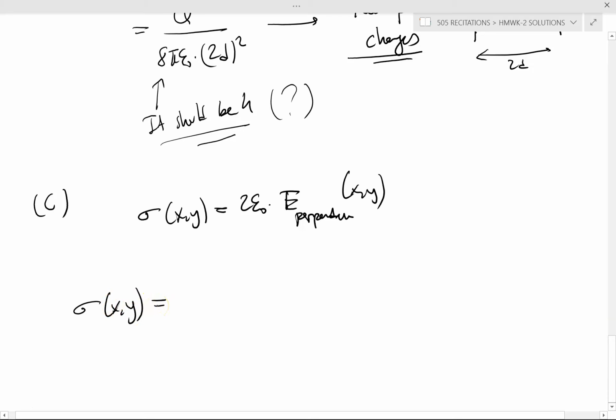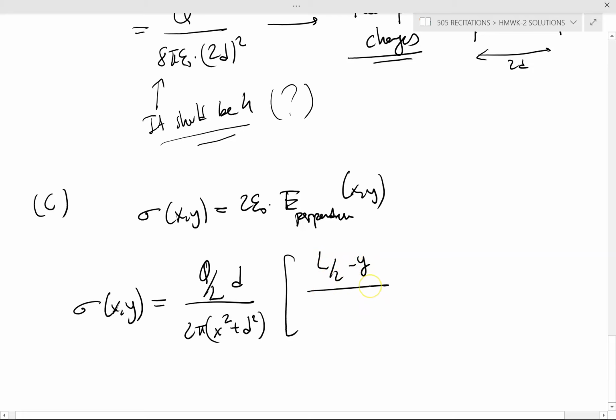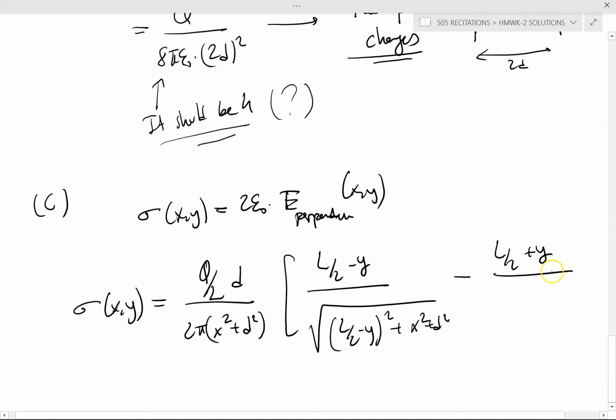We have already done similar calculations. Q over L D 2 pi x square d square multiplied by L over 2 minus y divided by L over 2 minus y square plus x square d square minus L over 2 plus y divided by L over 2 plus y square plus x square plus d square.